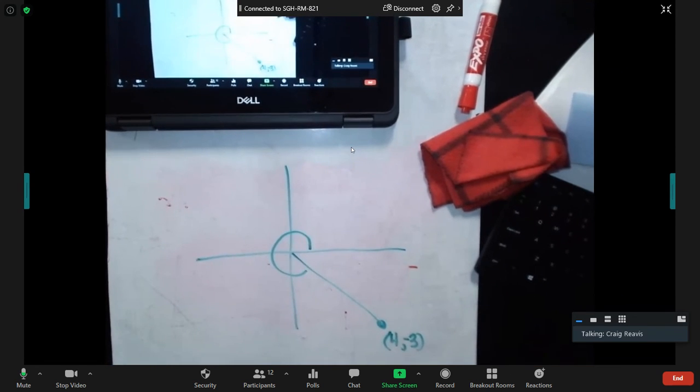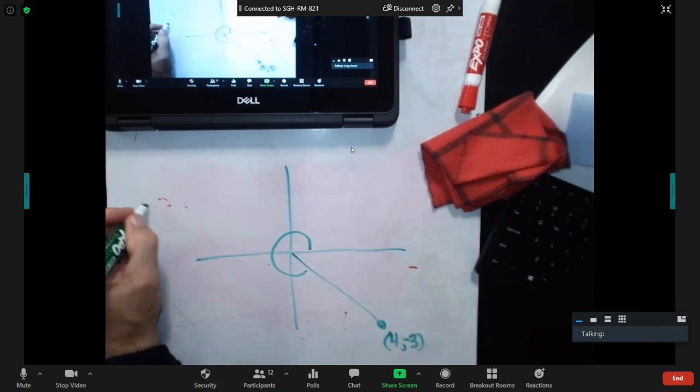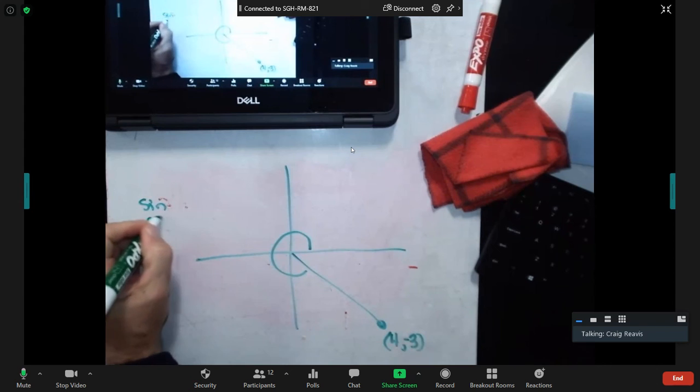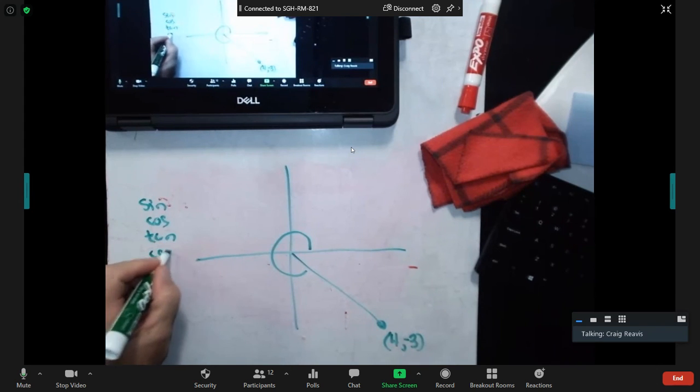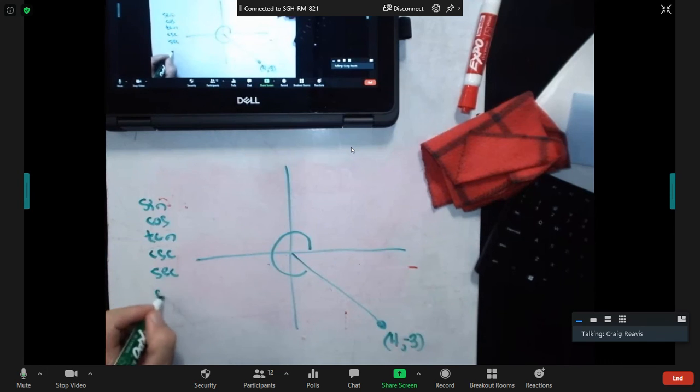All right, there's the problem. This is a problem that's coming right off your work. It's (4, -3), and they want to know the sine, cosine, tangent, cosecant, secant, and cotangent.